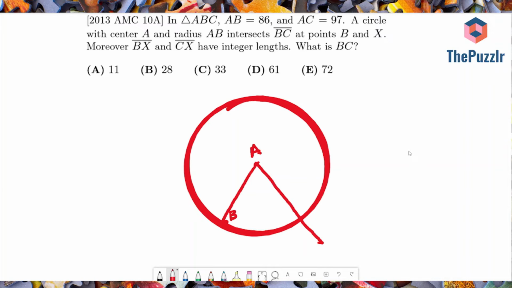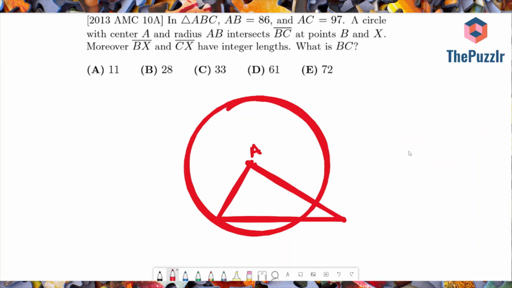Let's draw in our triangle, and this will look something like this. So then AB right here, AB is equal to 86, so let's put that in really quickly.